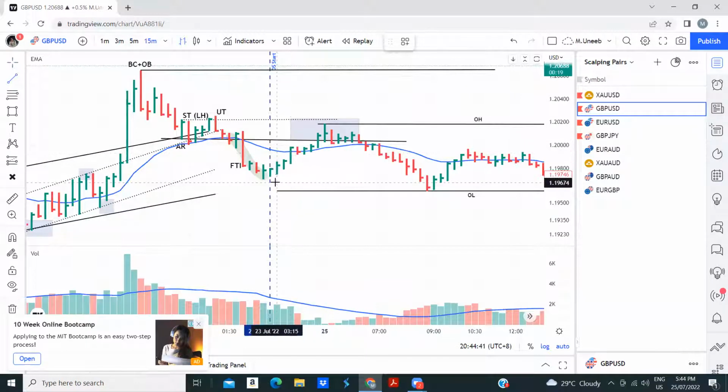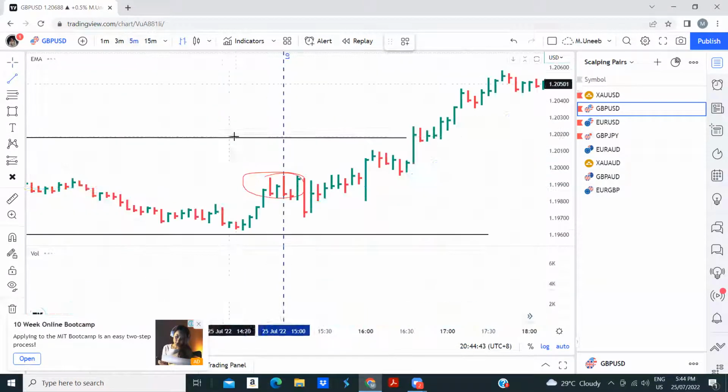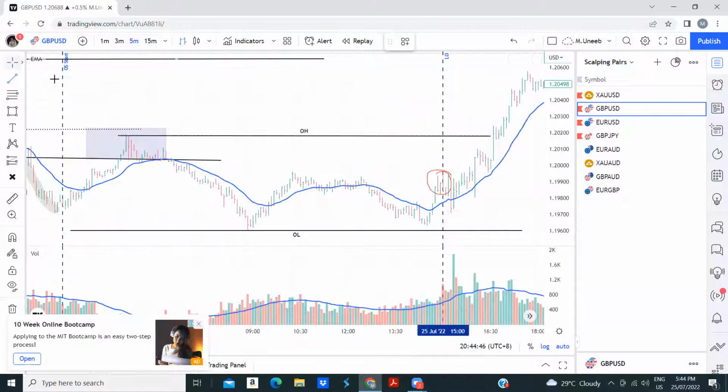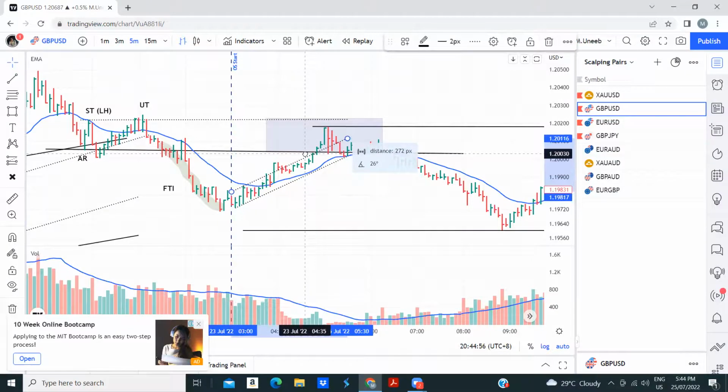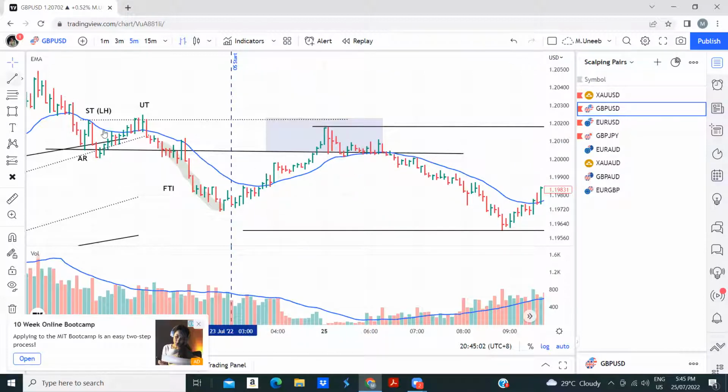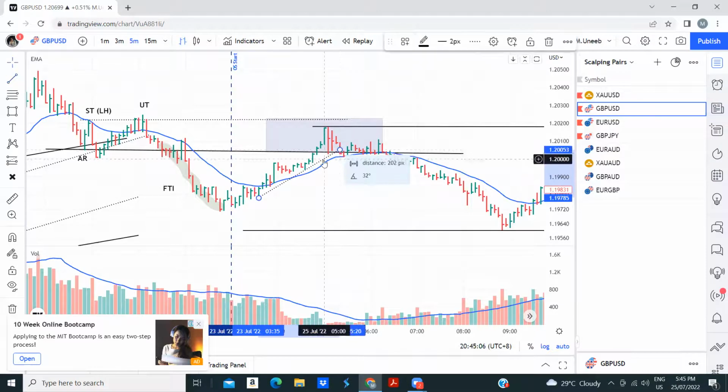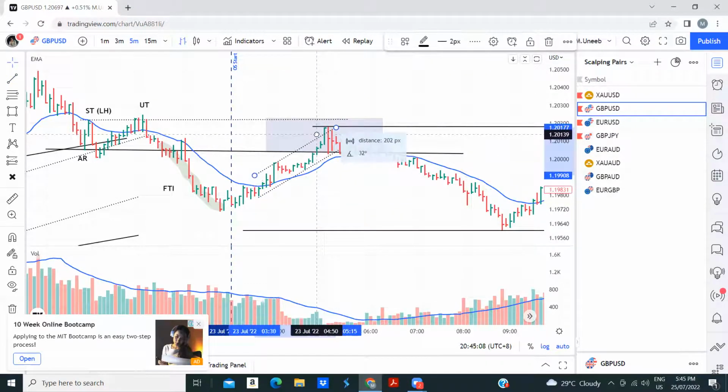And then we can also draw a little bit of structure here on 5-minute time frame, because I can see that we can draw waves here. We can connect this point with this point and mark it like this. Or we can connect this point and this point, which is better.